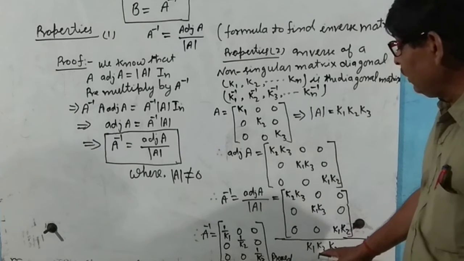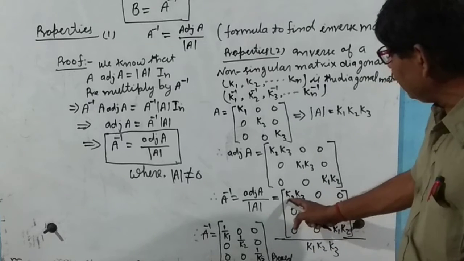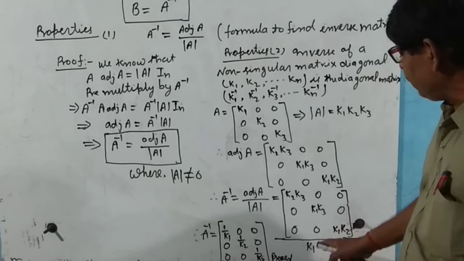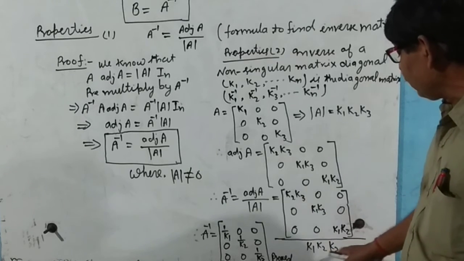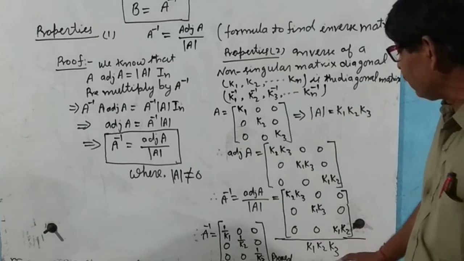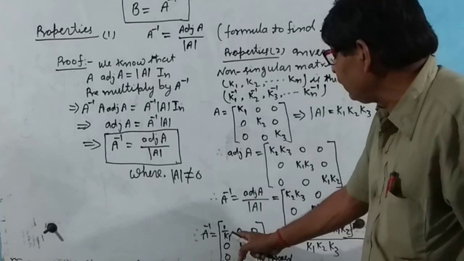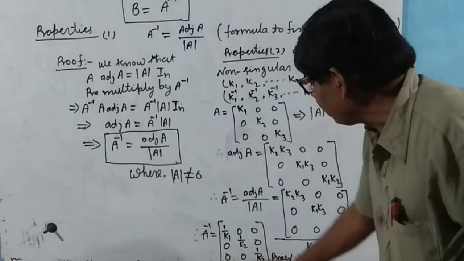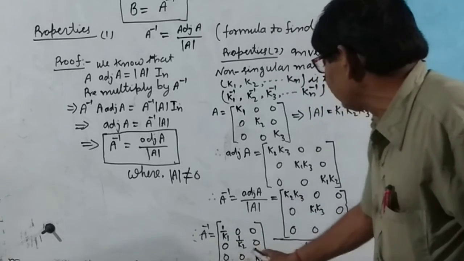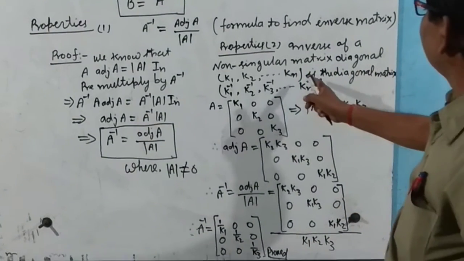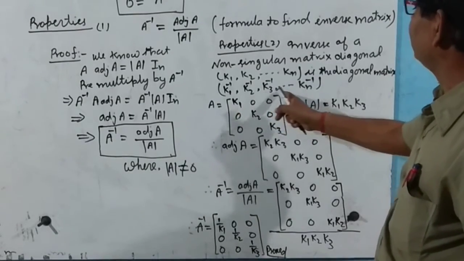We divide each element by K1 K2 K3, and K2 K3 cancels in the first case giving 1 by K1, in the second case 1 by K2, and in the third 1 by K3, so A inverse equals this diagonal matrix of K1 inverse, K2 inverse, K3 inverse.